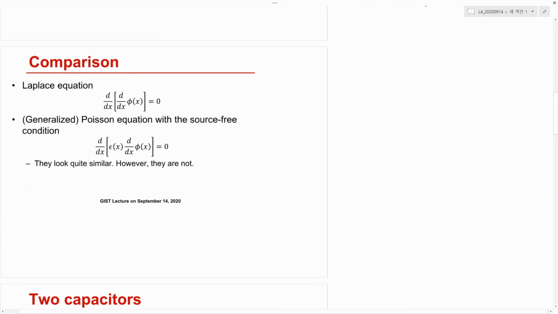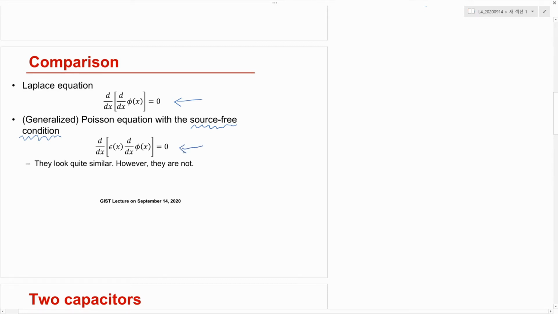Here we have the Laplace equation. This is the Laplace equation in the 1D case, and when we introduce the source-free condition to our generalized Poisson equation, simply Poisson equation, then we will have this form.